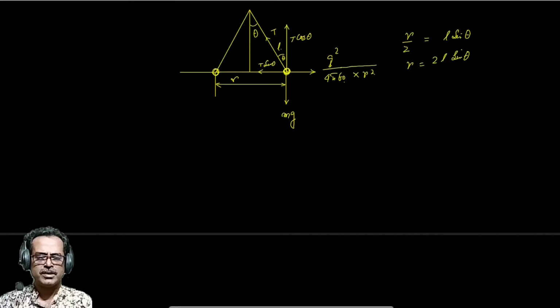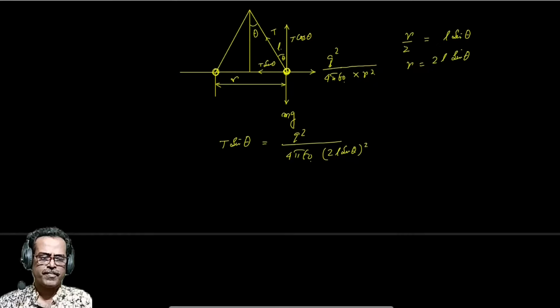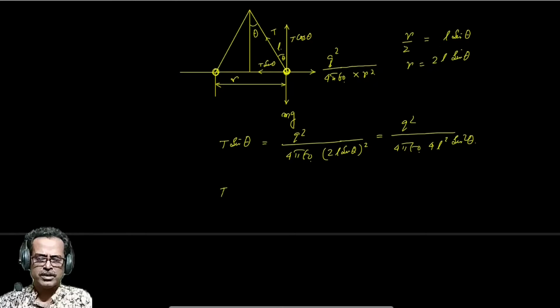Now r is equal to this, and due to equilibrium, T sin theta will be equal to q square by 4 pi epsilon 0 r square. r square is equal to twice L sin theta whole square, so that is equal to q square by 4 pi epsilon 0 into 4 L square sin square theta. T cos theta is equal to mg.